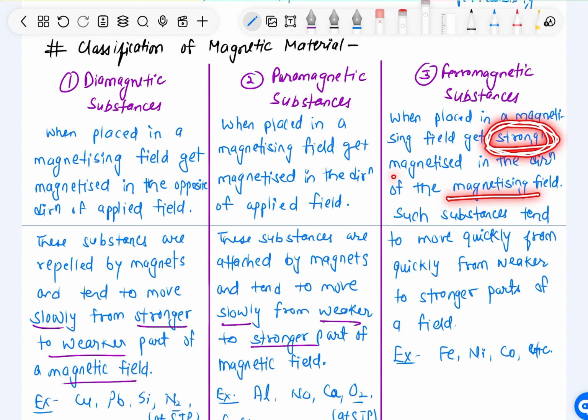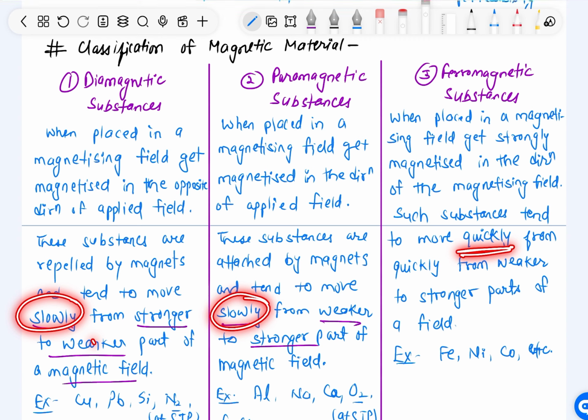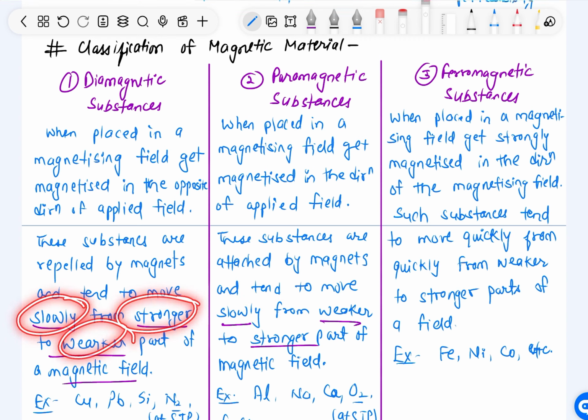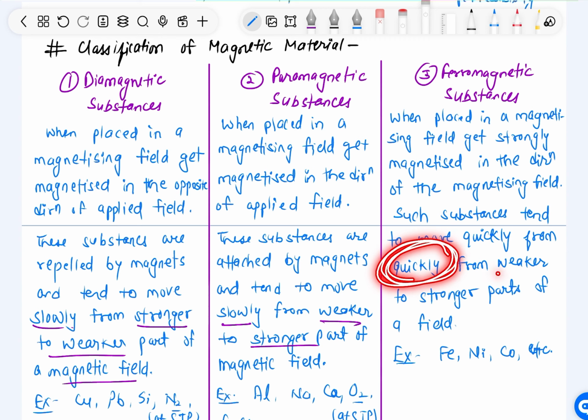It will behave strongly. So such substances tend to move quickly. These move slowly. Here it moves slowly from stronger to weaker section, and it moves slowly from weaker to stronger section. But it will move quickly from weaker to the stronger part of the field.